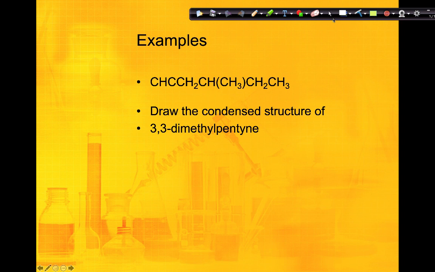Okay, let's draw these out. I would like to draw the skeletal structure, or draw this out like so. All right, so now we've got a carbon, which is bonding next to a carbon, which has 2 H's. Now it's bonding to a carbon, which has an H, which also has a methyl.